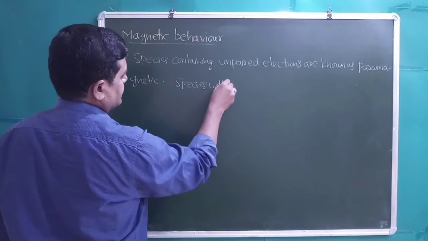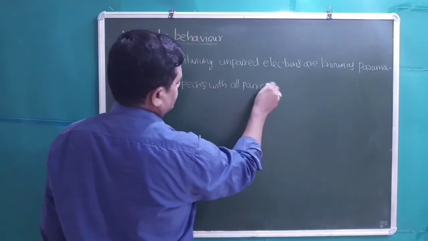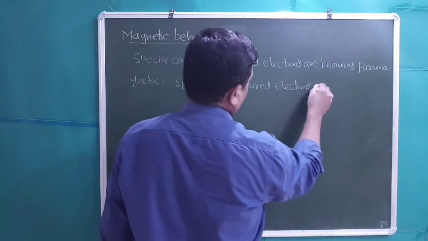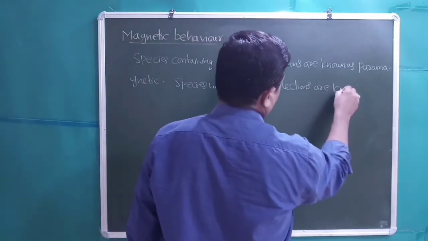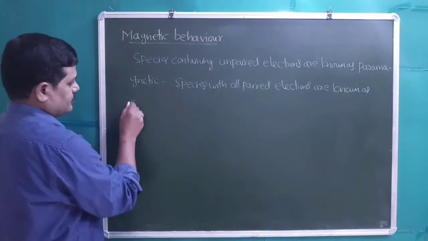Species with all paired electrons are known as diamagnetic.